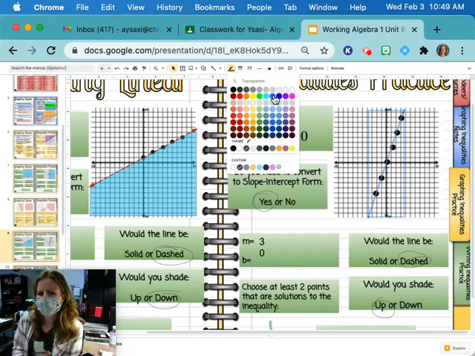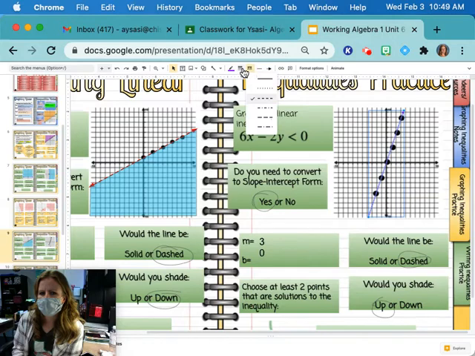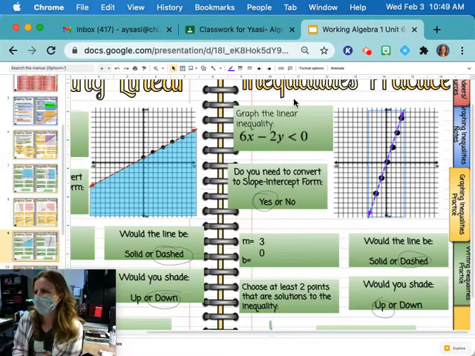I'm going to change the color. Change the thickness. And change the arrow. And we want to shade up.